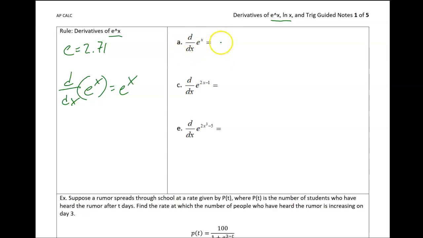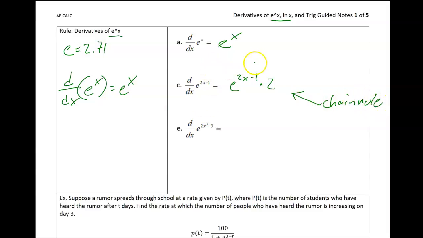So, for example, a here, the derivative is e to the x. For example, I'm not sure what happened to b, but for example, c here, my derivative is e to the 2x minus 1 times the derivative of 2x minus 1. Okay, so make your note here. This is by chain rule, so you remember for later.